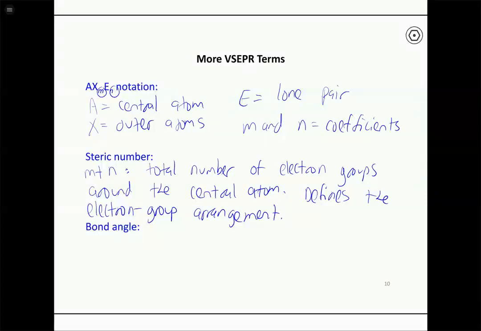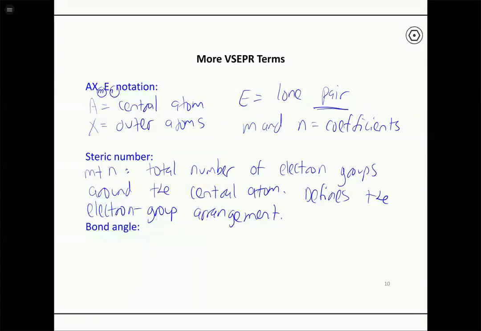One thing I didn't quite emphasize enough is that when we're doing AXE notation, we're counting pairs of electrons. We're not counting each electron individually anymore. And again, that's because, as we all know, each orbital can accommodate 2 electrons. So when we're talking about groups of electrons, we're going to typically think of them as being pairs of electrons that are arranged around the central atom.